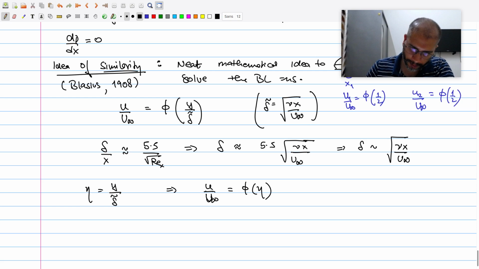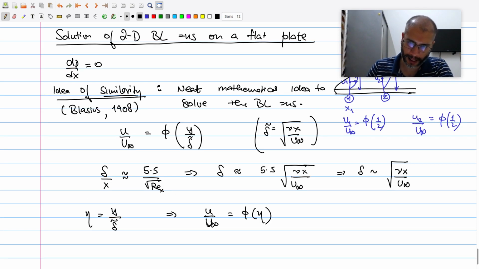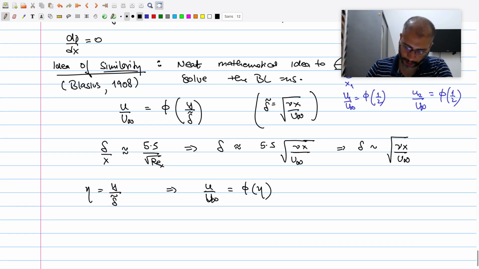Now, since we are talking about 2D flows, and of course they are incompressible as well, as we have discussed earlier, we can use the idea of stream function. Let's make use of that, because that's a very neat idea, and that is what Blasius used as well.